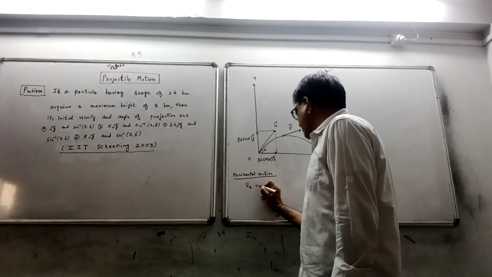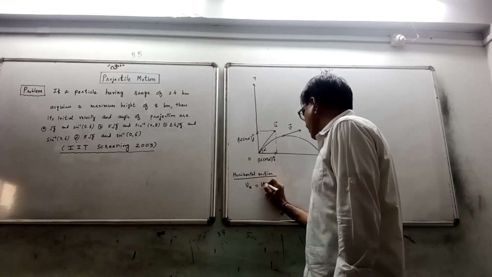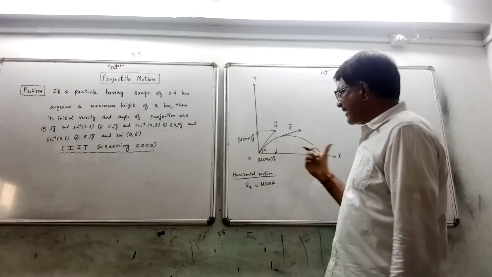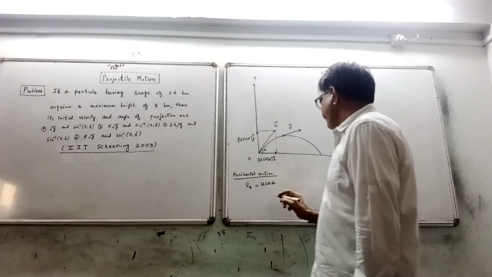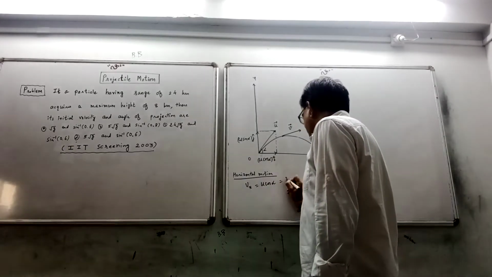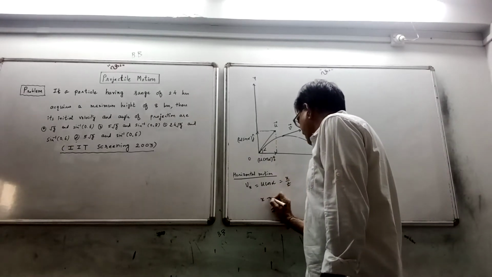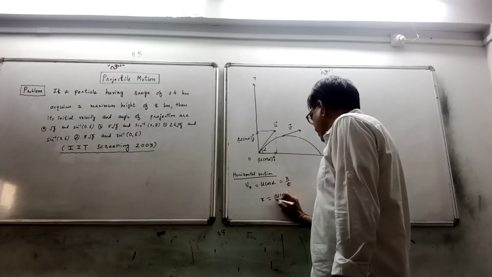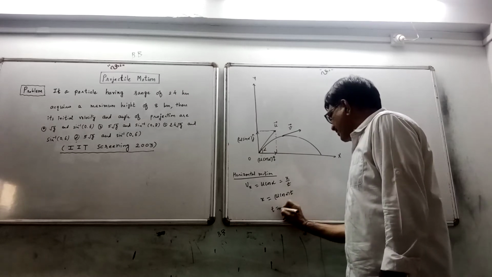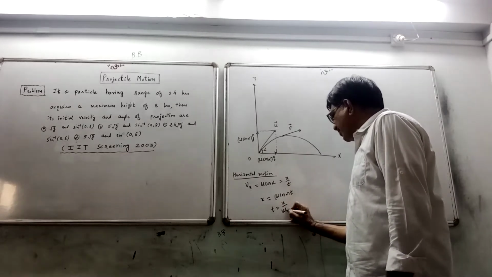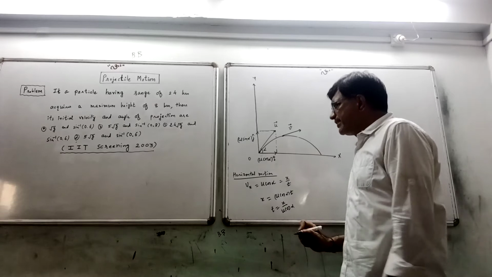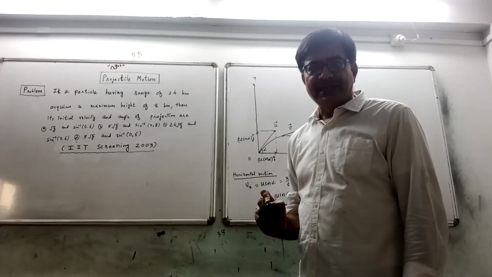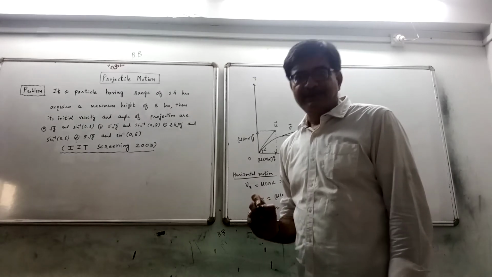Vx is always u cos alpha, constant velocity in x direction. So x by t, then x can be written as u cos alpha into t, or t equals x upon u cos alpha. This is all about motion in the x or horizontal direction, which is constant velocity.